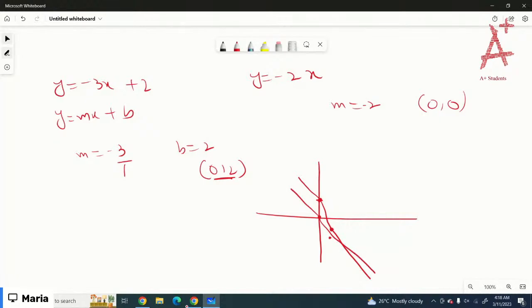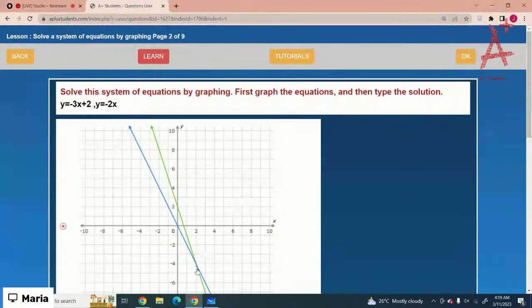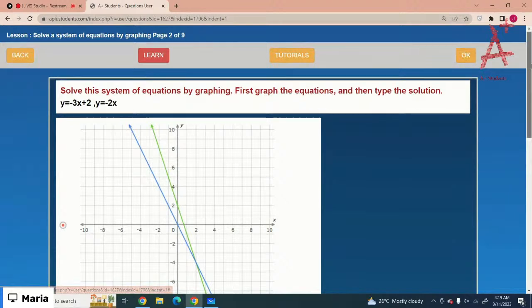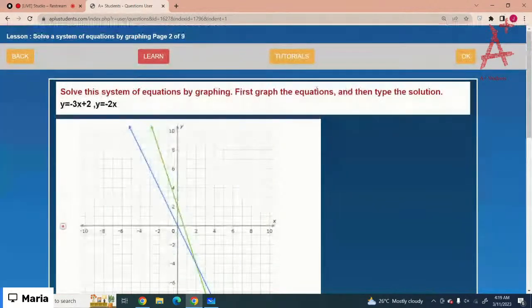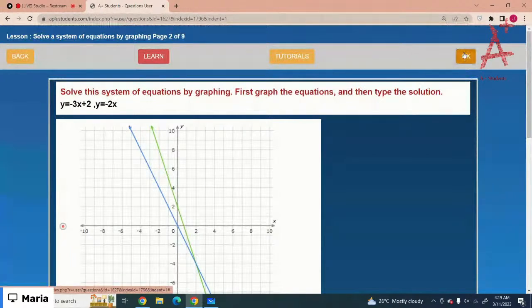So you can get the exact point when plotting the lines on the graph. Got it? That means the solution for the equation, it looks like the lines are like this. So here is the exact point. X is 2 and y is negative 4. So the solution for the equation is 2 and negative 4. Got it?